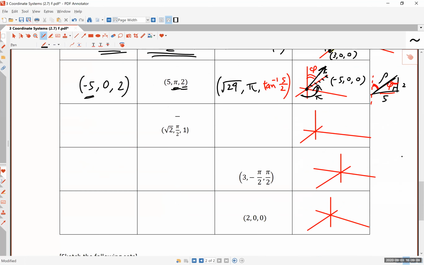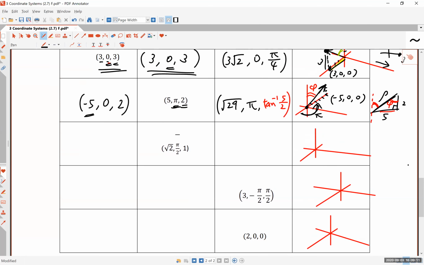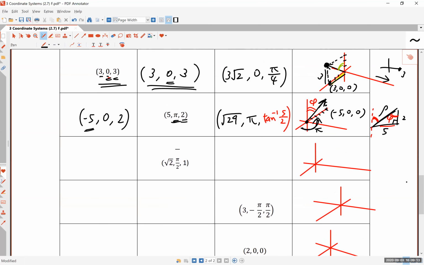All right, let's go into the next couple. And next one, square root of 2, pi over 2. You notice here for these cases, if the cylindrical coordinates are given, this is usually the first thing I look at, pi over 2. That will take you from here to the positive y-axis. And then you go in this direction, square root of 2 units, whatever that is.